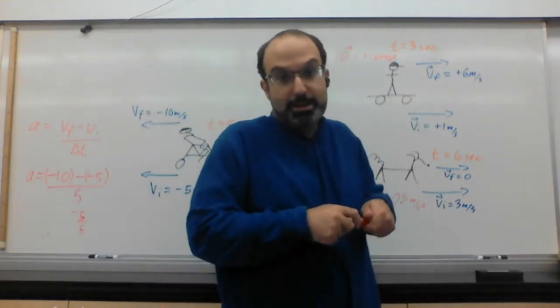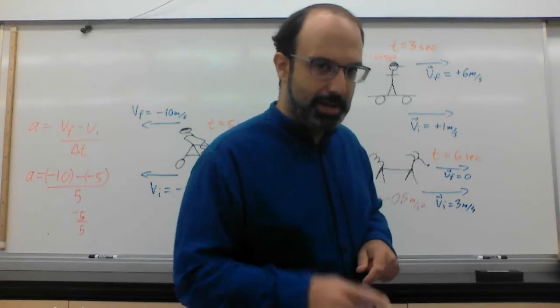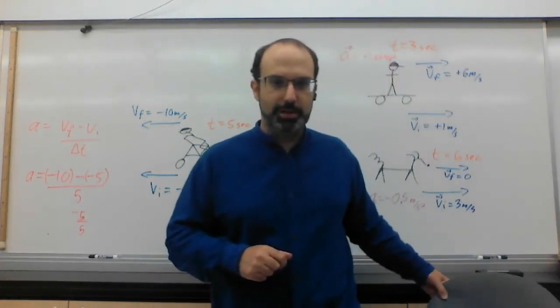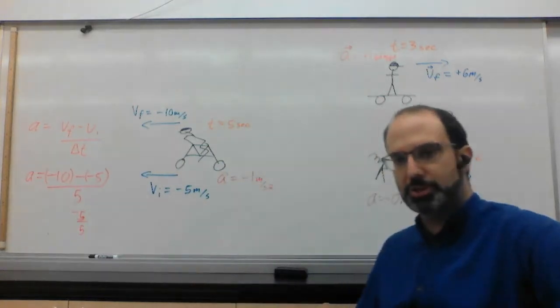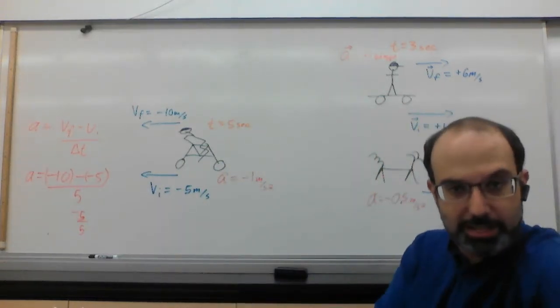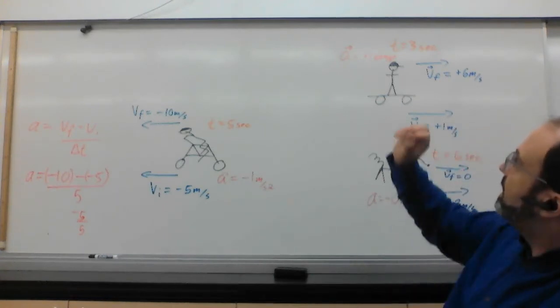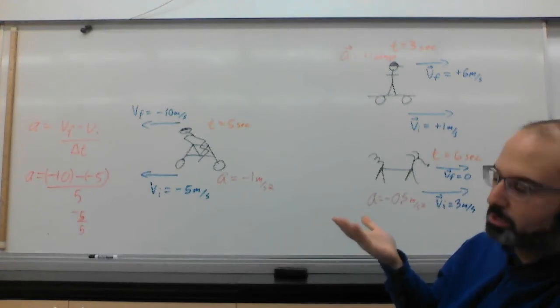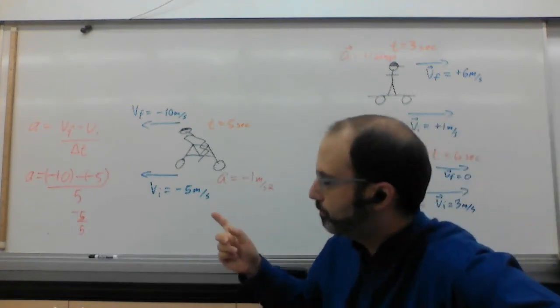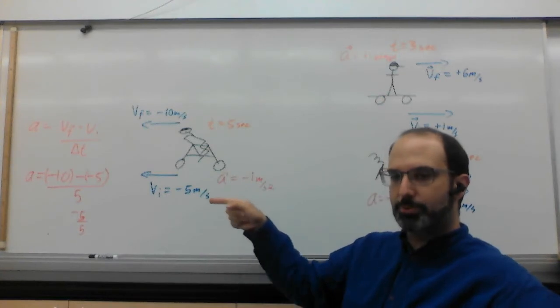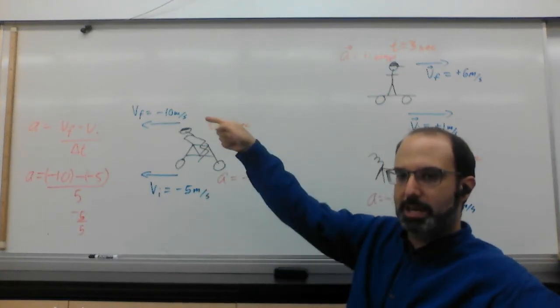Okay, well, the math was pretty simple on that, but now let's consider our theory. We said in our theory that most situations that we saw so far, and most situations that we saw in grade 10, had it where a positive acceleration meant that I was speeding up, and a negative acceleration meant that I was slowing down. But now I have a negative acceleration, and yet I go from 5 to 10.